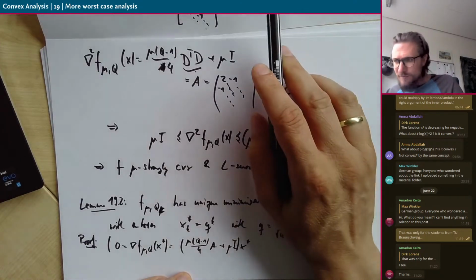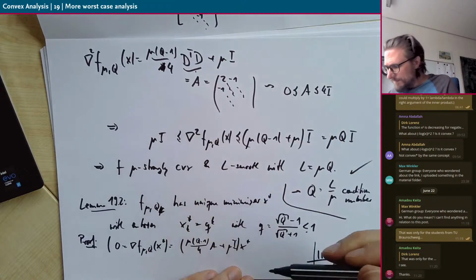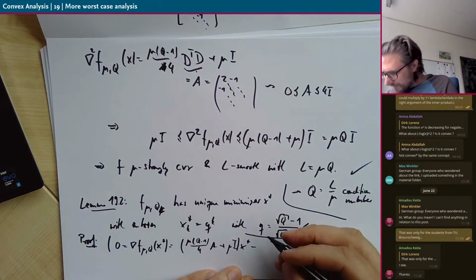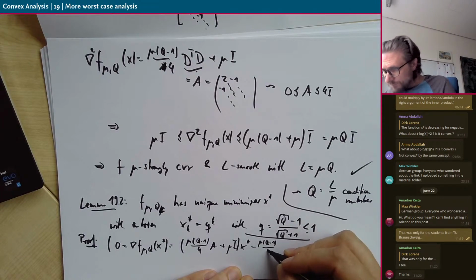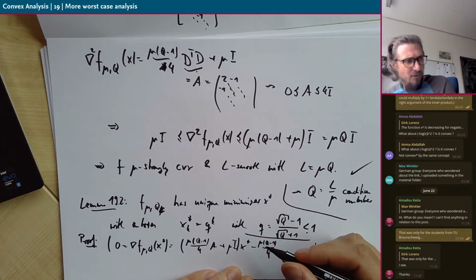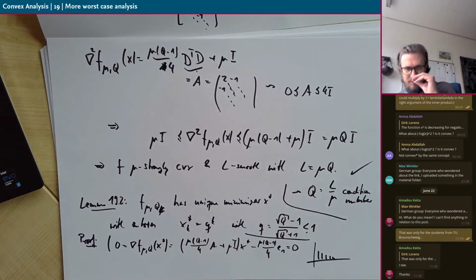And then from the first derivative we still have this term here. So it's still minus mu times q minus 1 over 4 times ei. This would be equal to 0. So that's the optimality condition.